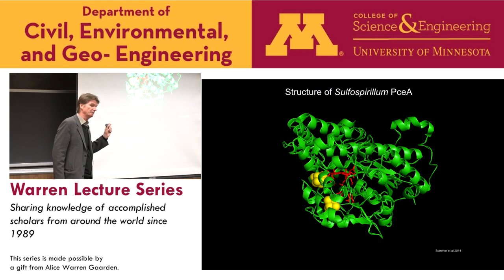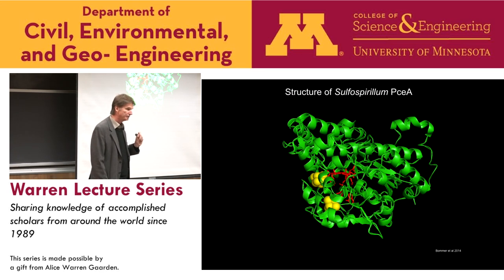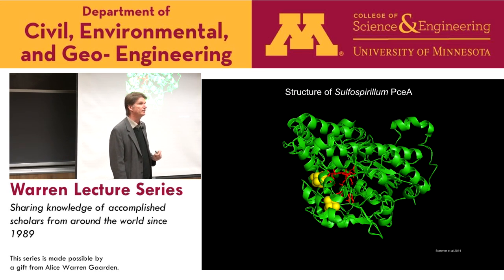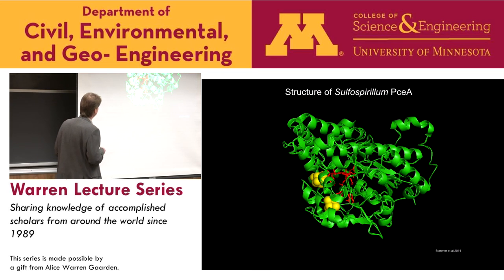In the meantime, a crystal structure came out from the non-energy conserving reductive dehalogenases. And this is essentially the protein. It's a very simple protein, about 550 amino acids. You see in red the B12 cofactor, and in yellow the iron-sulfur cluster.